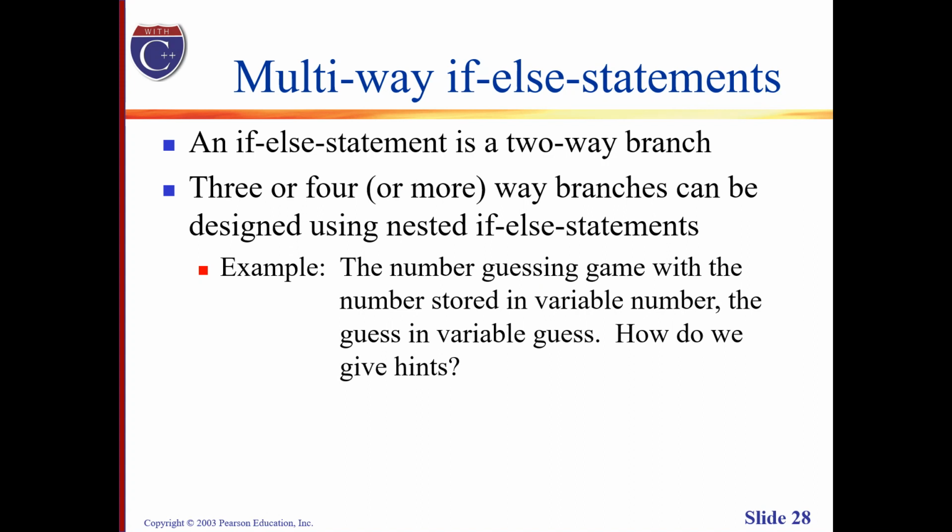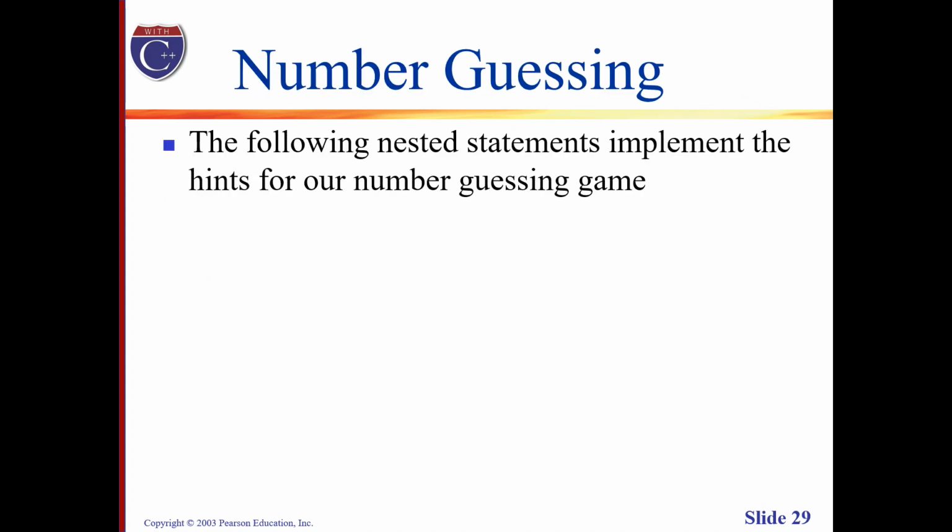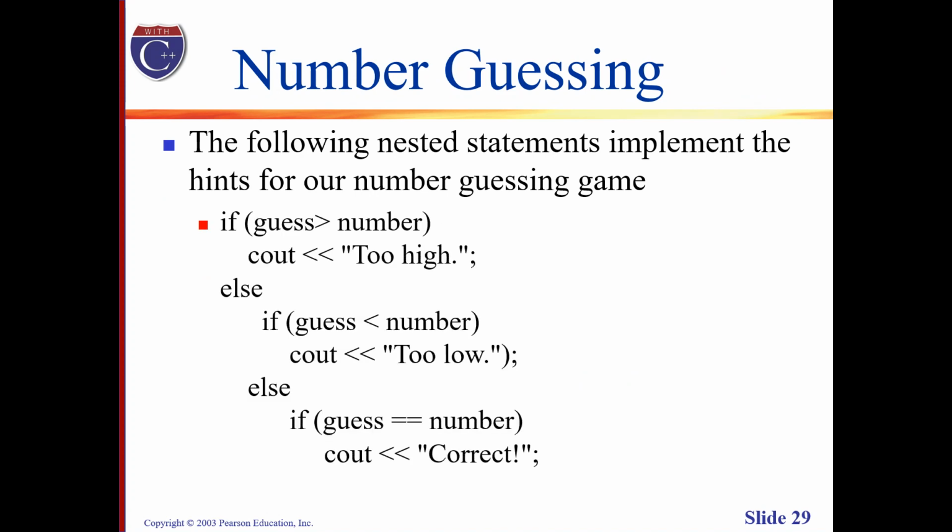Here's an example. For instance, we have a number guessing game with the number stored in the variable called number, then the guess in the variable guess, and of course, if we are going to implement this, this is what we are going to do. For instance, the following nested statements implement the hints for our number guessing game.